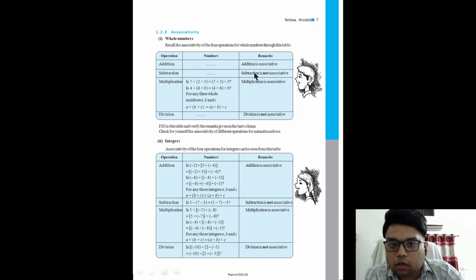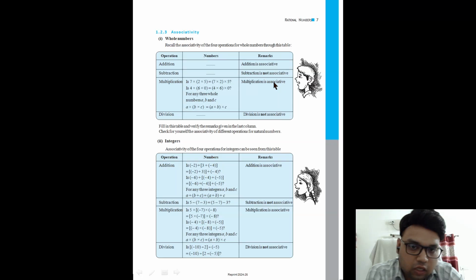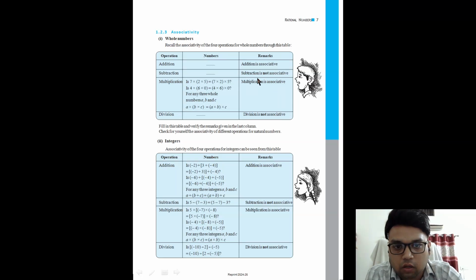Subtraction is not associative and division is not associative, because the result does not remain constant when we change the grouping of the numbers. That's why they are not associative. Similarly, in the case of integers, subtraction and division are not associative. When we change their grouping, the result changes, so they do not become associative.